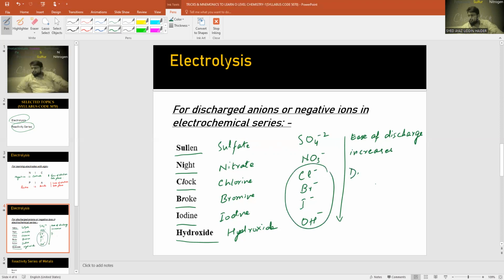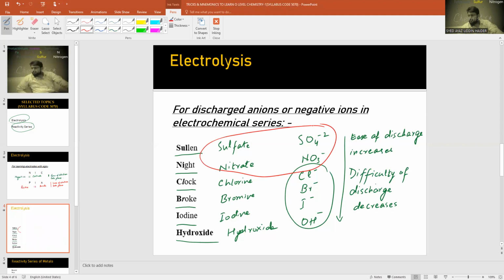Difficulty of discharge decreases down the series. Sulfate and nitrate ions never get discharged, in either dilute or concentrated solutions of their acids and salts.